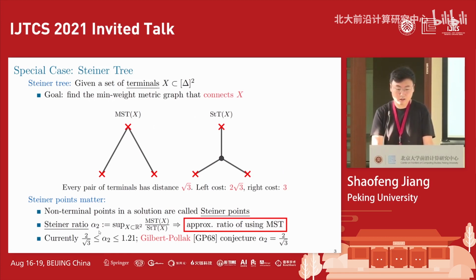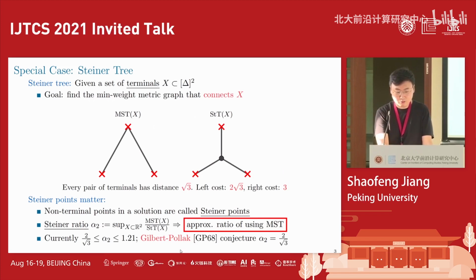This is called the Steiner ratio, or you can think of it as the gap between MST and Steiner tree. Currently it has been shown that alpha 2 is at least 2 over root 3 and at most 1.21. Actually this 2 over root 3 is achieved exactly by this example. And it has been conjectured that alpha 2 equals 2 over root 3 is tight, but this has been open for decades.